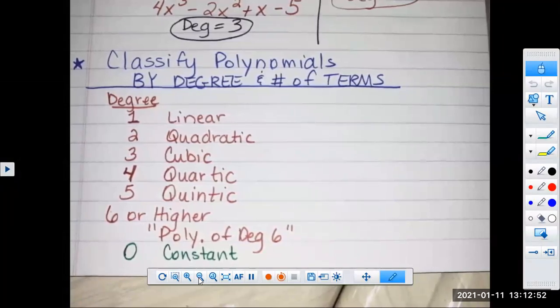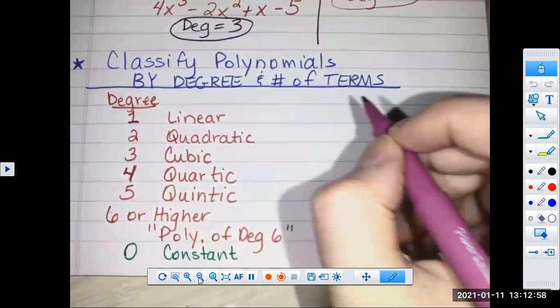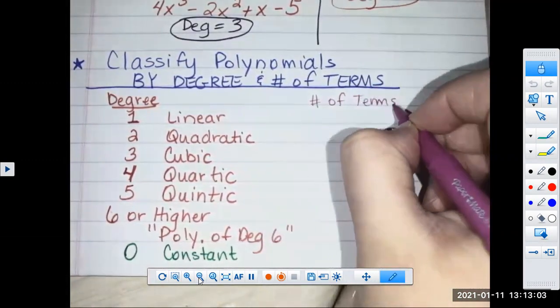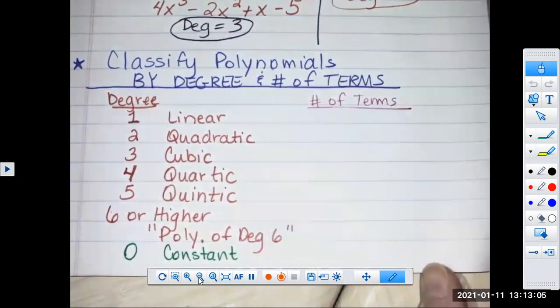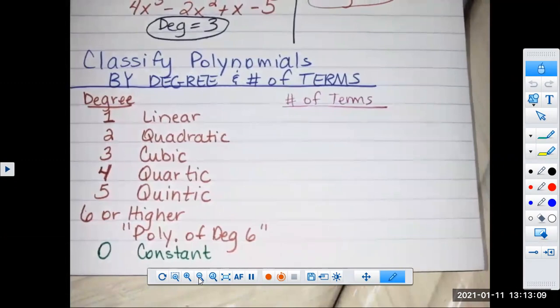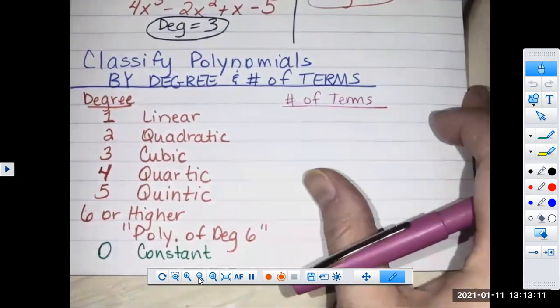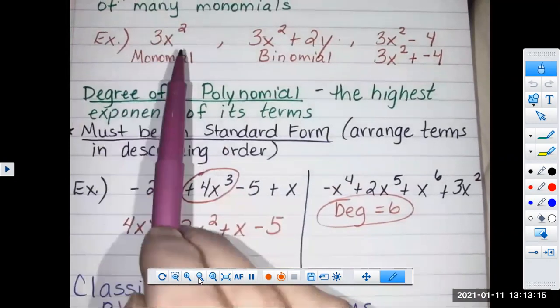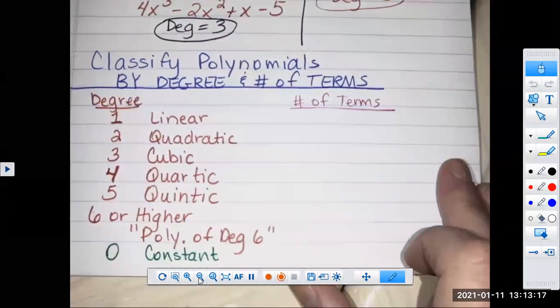Okay, how you classify them by the number of terms. We talked about this a little bit as we went through some problems encountering polynomials. If you have one term, like we had 3x squared, that's just one term. What do we call that? Good.